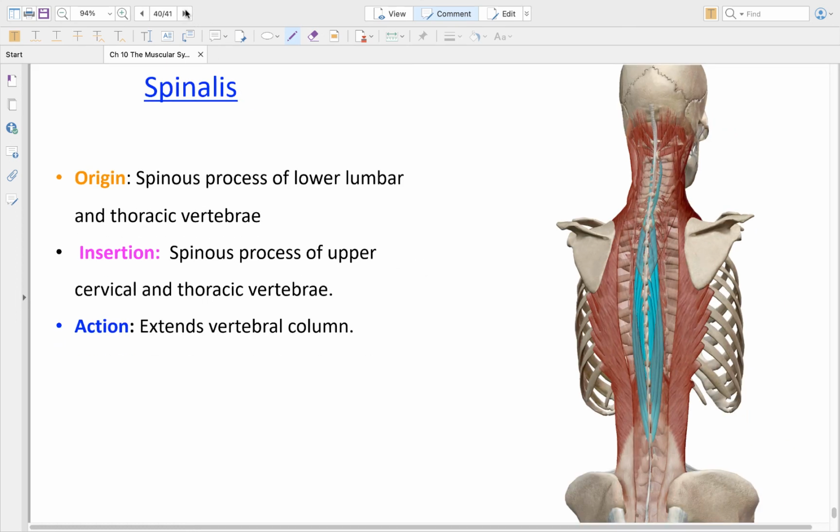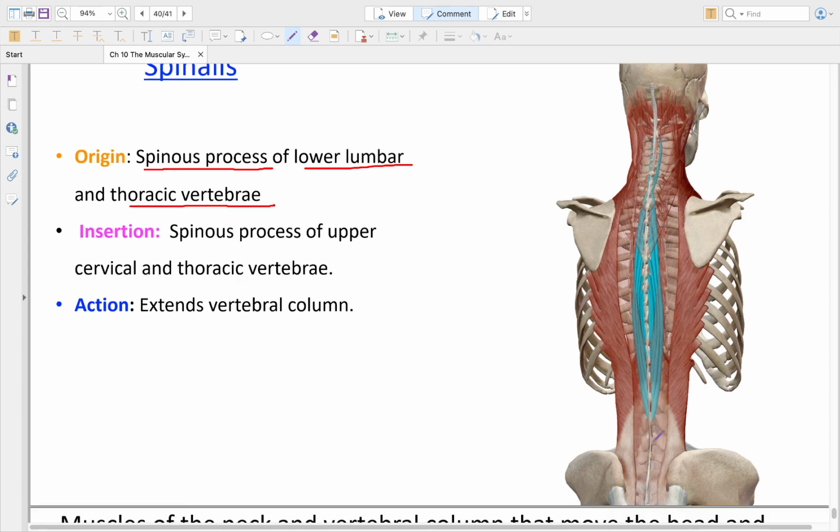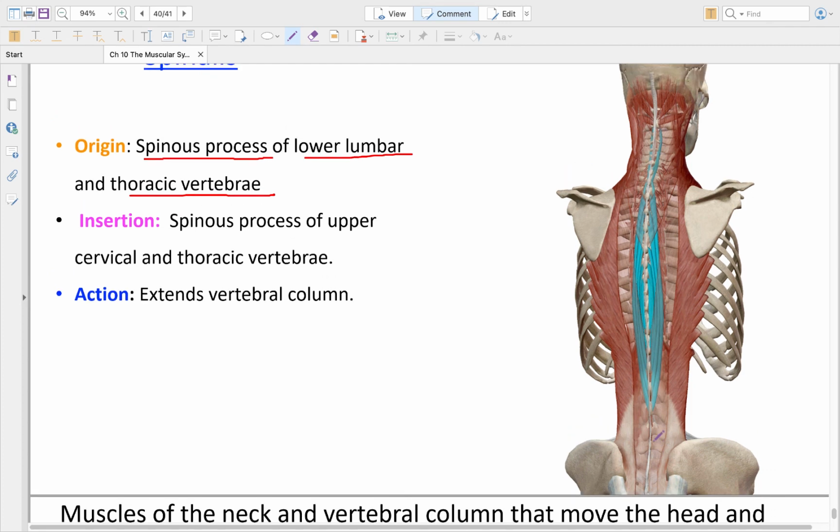Spinalis. Okay, spinalis is highlighted in blue, of course. The origin is the spinous process of the lower lumbar and thoracic vertebrae. We can see that here. Yeah, it's perfect.